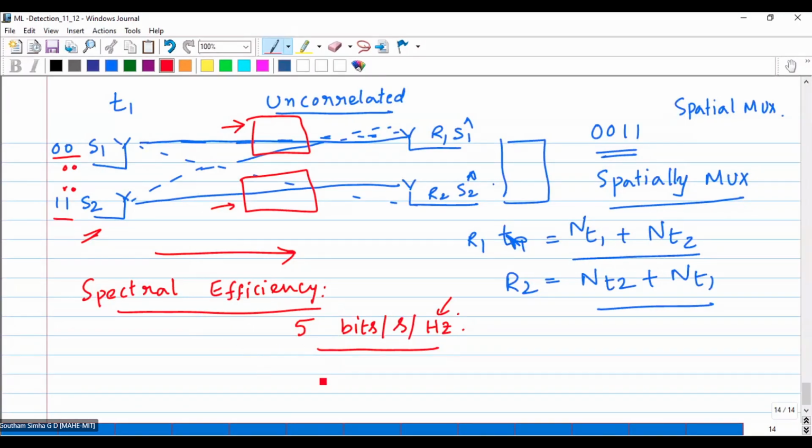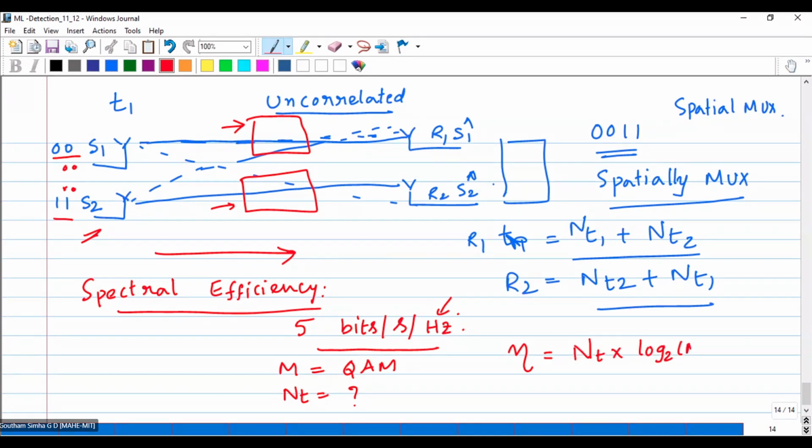How do you calculate the spectral efficiency? It depends on the constellation points, that is, QAM or QPSK, and how many transmit antennas you have. Now, a rudimentary approach is something like this. Eta is referred to as spectral efficiency. Now, NT into log 2M.